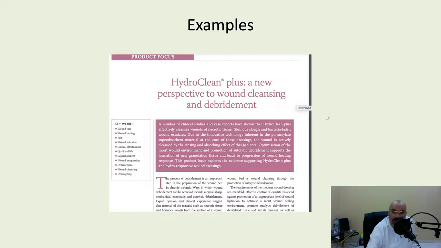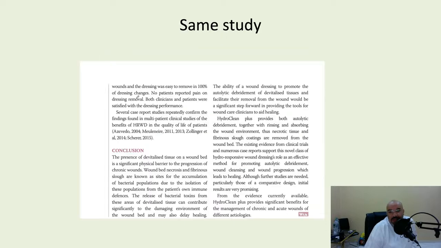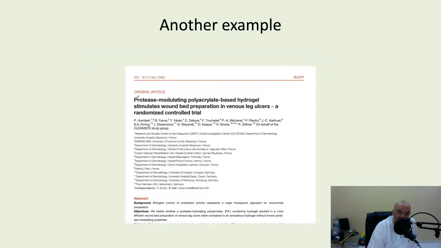This is an example of hydrotherapy. For example, there are products called HydroClean Plus, which is used as an example for developing the understanding of the impact of the hydrogel, or when we are unable to use the hydrogel.